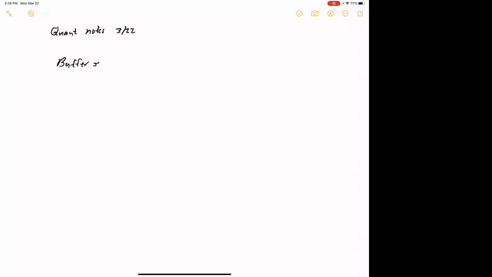Then there's the chemical definition of the buffer, and that's the one I kind of want to focus on here. So if I have a buffer, I can actually just put it down here. There's 2 ways I could represent the buffer. It's always going to be a mixture of a weak acid and its conjugate base, or a weak base and its conjugate acid. So it's always going to be a mixture of a conjugate acid base pair. Okay, so one option would be to have a weak acid and its conjugate base.